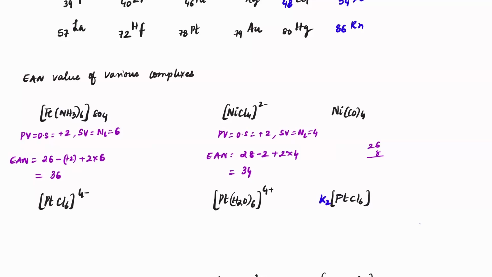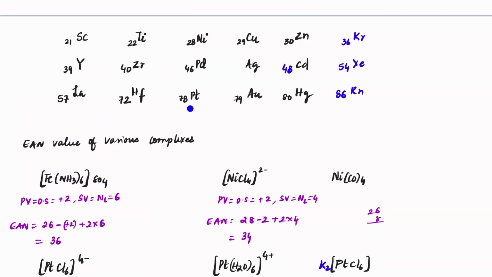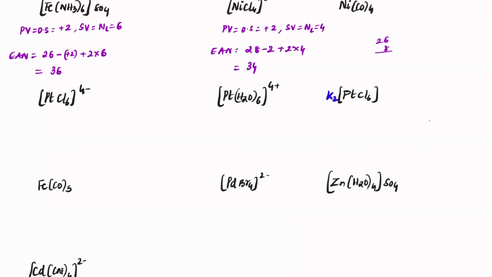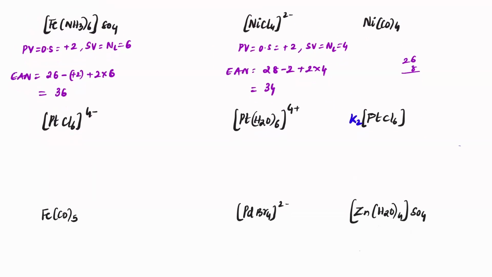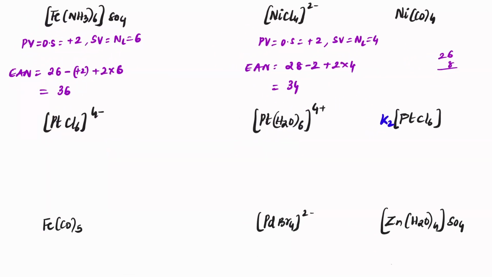Okay. Next, platinum. Atomic number of platinum, if you go to this, you will find out as 78. So let's do it together, everybody. Primary valency or oxidation state in this case is +2.